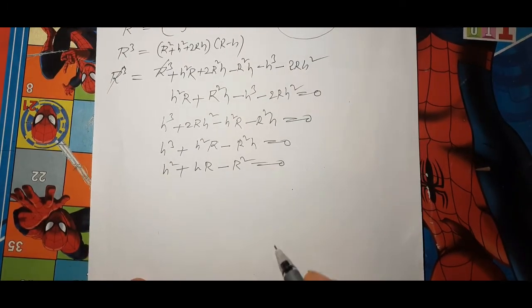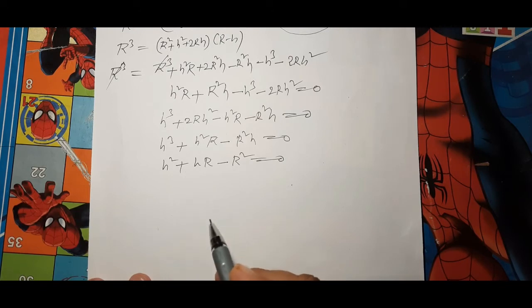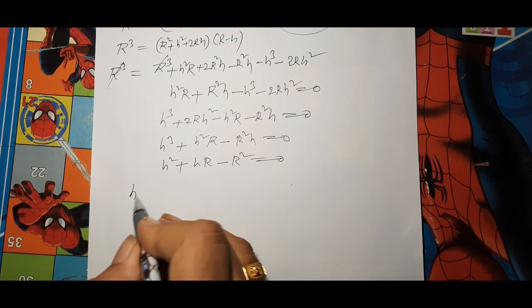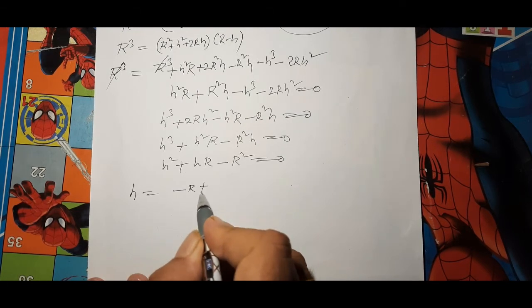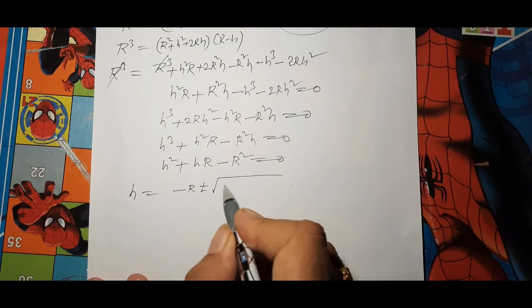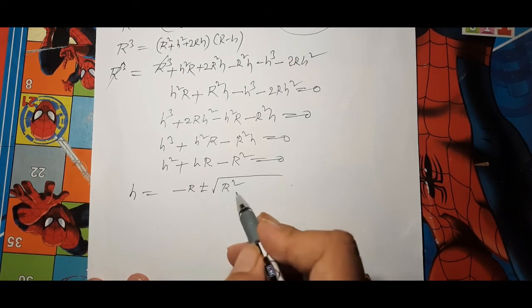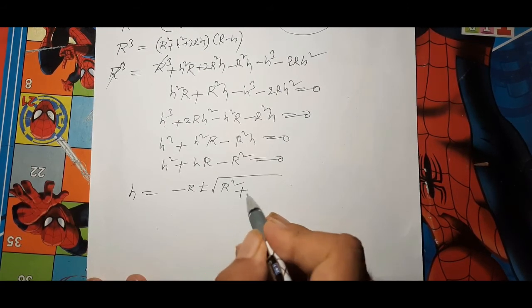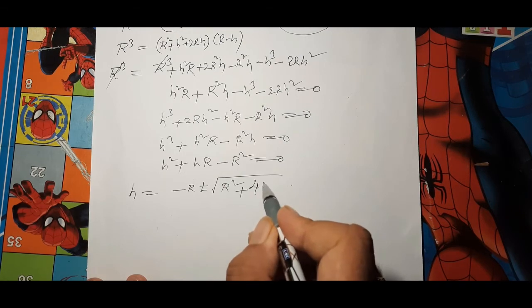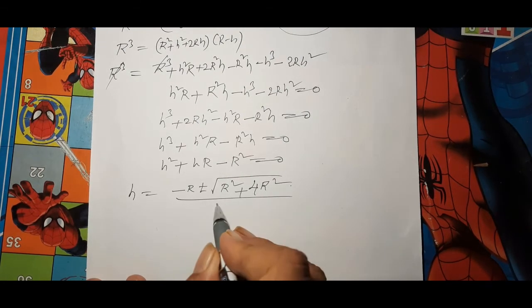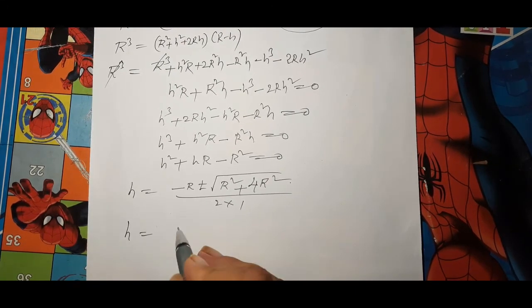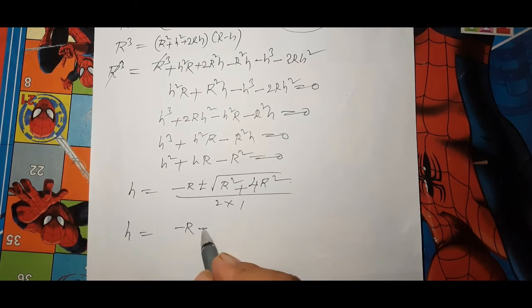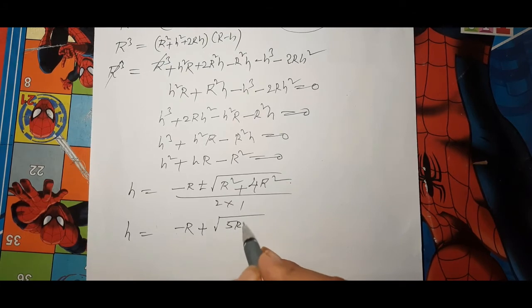Now take the roots of this quadratic equation. So h is equal to minus b, minus r, plus or minus square root of b square, r square minus 4ac, plus 4r square, divided by 2 into 1, 2. So here h is equal to minus r, we take a positive sign, plus square root of 5r square by 2.